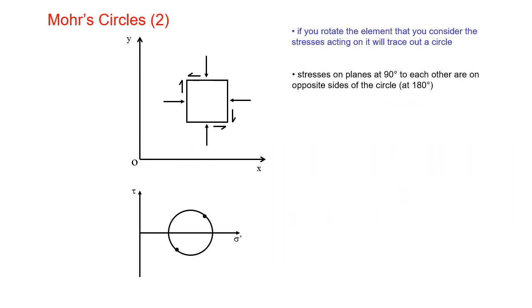So if I rotate that element of soil, then the stresses that are plotted down here for the two faces will trace out a circle as we rotate the square. Remember that the pairs of stresses which are at 90 degrees in space plot at 180 degrees, double the angle, on the Mohr circle.